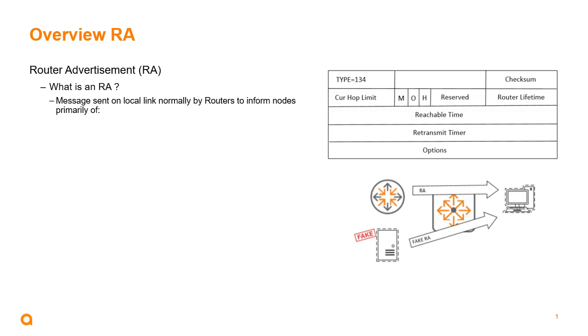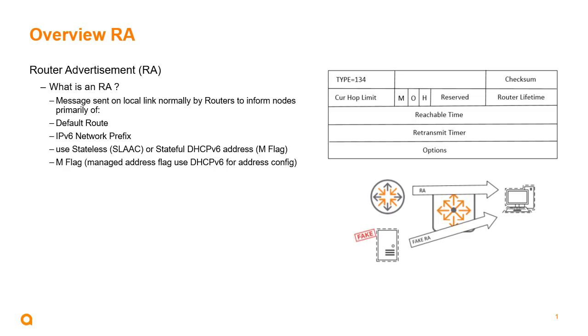So the RA typically sends information to the hosts, which include things like the default route, the IPv6 network prefix, whether to use stateless or stateful addressing, and that includes things like the M flag if you're using DHCPv6 to make an address assignment, the O flag for additional information around v6, router preference, and many more parameters.